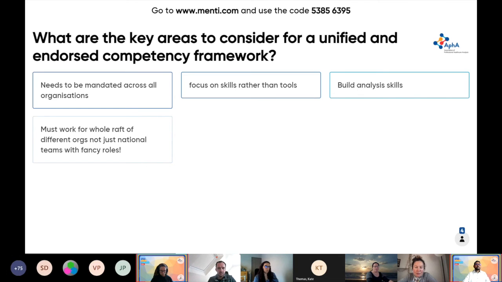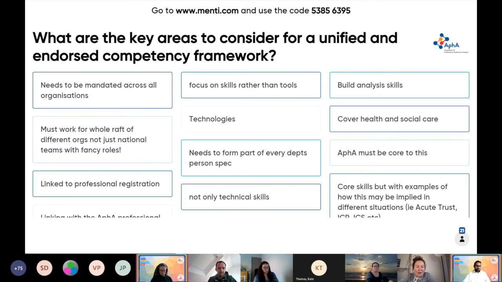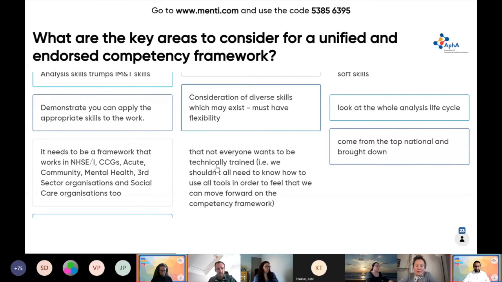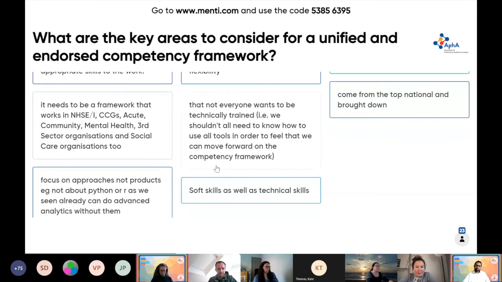And if we can get to the point where, which is something we're also working on, these categories are clearly defined, then in a way it becomes mandated, because you've got that category within ESR, and if you want to move into the next band of that category, then you need to have the competencies that are linked to it. I personally think so, although I would be interested to hear other people's opinions.